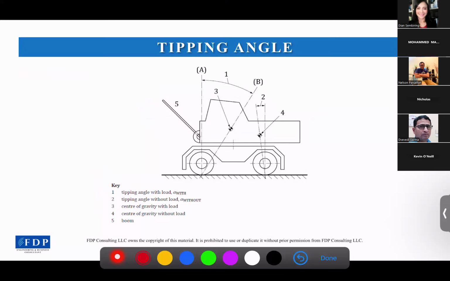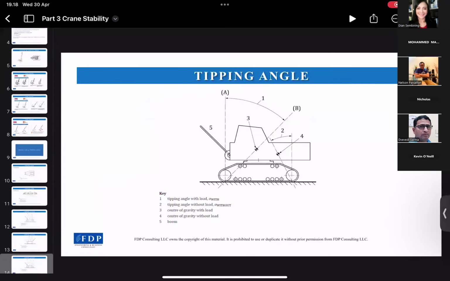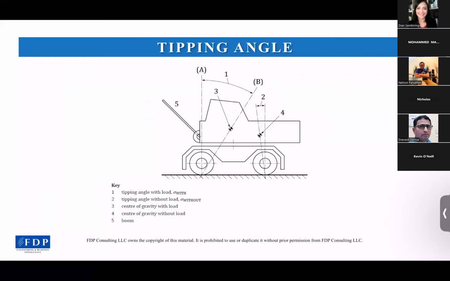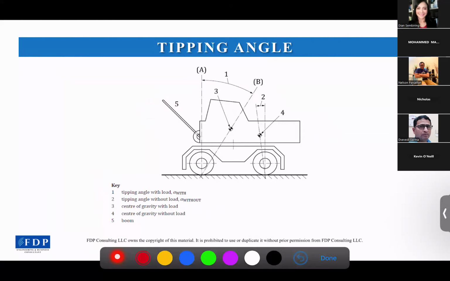For example, if we want to calculate the tipping angle for a crane using tires as the foundation as shown here, if the COG is located close to the front tipping point, this is the tipping point here, then we will measure the tipping angle relative to this tipping point.